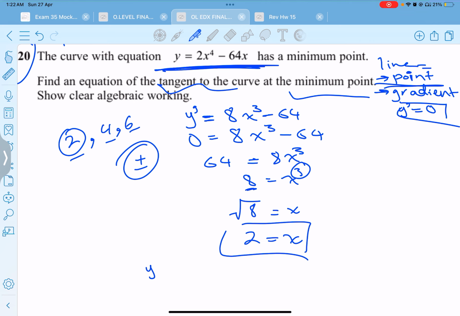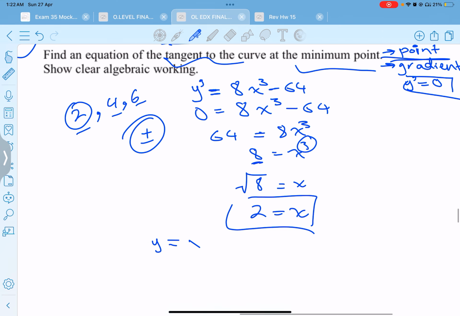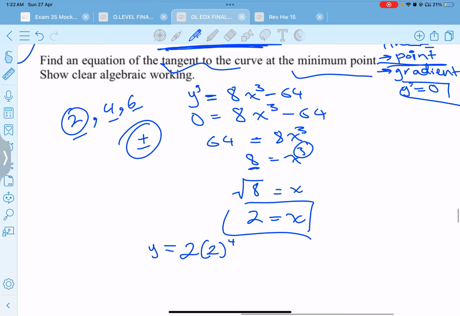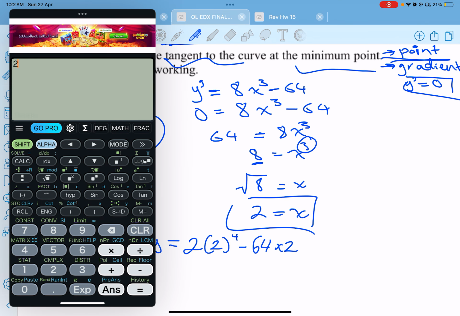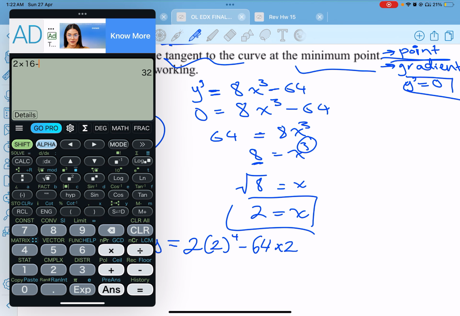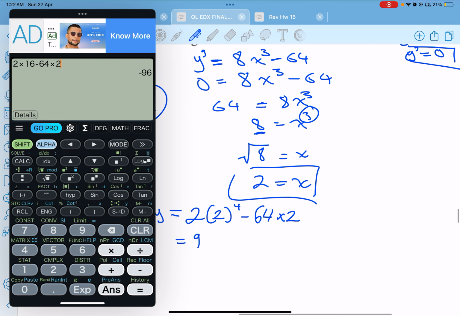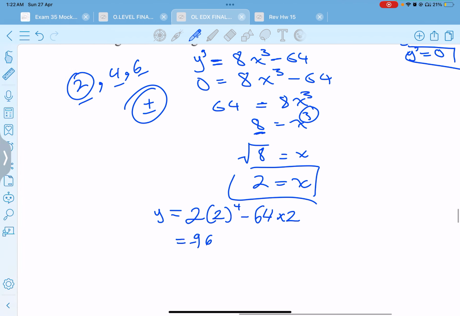So y equals 2 times 2 to the power of 4 minus 64 times 2. So 2 times 16 minus 64 times 2 is going to be negative 96. So the point is basically 2 and negative 96.